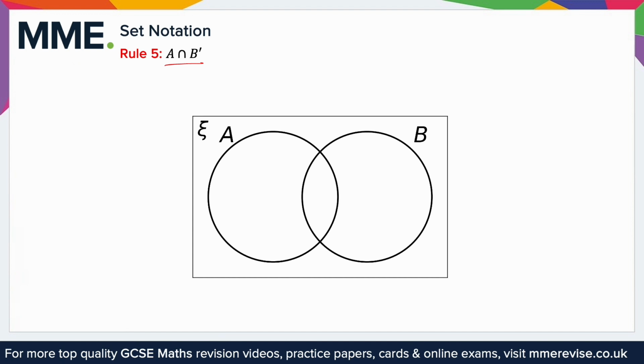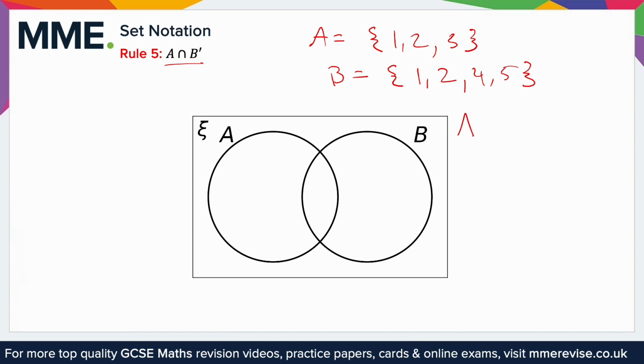This piece of notation looks a little bit confusing, but what it means is A without B. So for example, if A was the set 1, 2, 3, and B was the set 1, 2, 4, 5, then A intersect B dash would be everything that is in A, take away anything that we find in B. Notice how these two sets overlap. 1 and 2 are in A and B. So A intersect B dash would be just the number 3, because we get rid of the 1 and 2 because they were in B, so of course they are not in B dash.